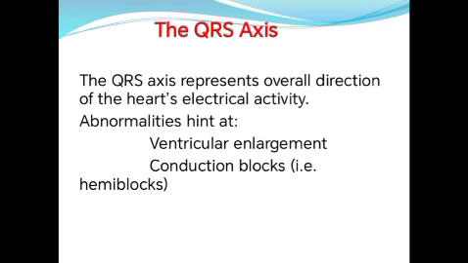But what is a normal axis and what is abnormal, we will see. This is what we mean by axis: the QRS axis represents the summation of the direction of the heart's electrical activity.